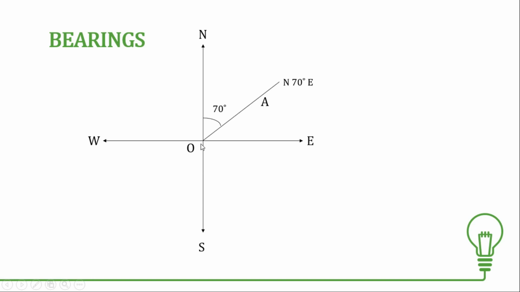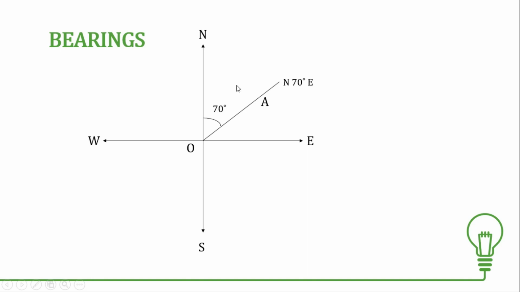This means our line deviated, or changed, by 70 degrees from our north line. Again, this can be read as north 70 degrees east, or 70 degrees east of north.